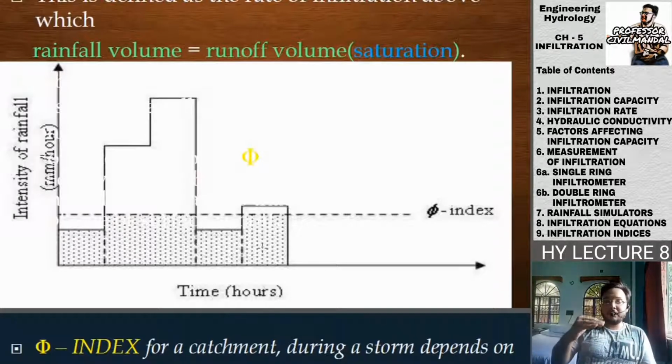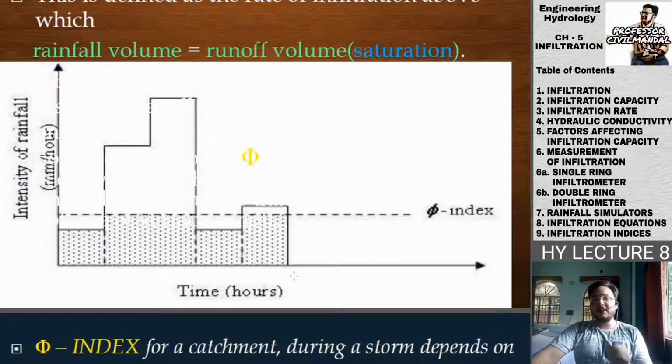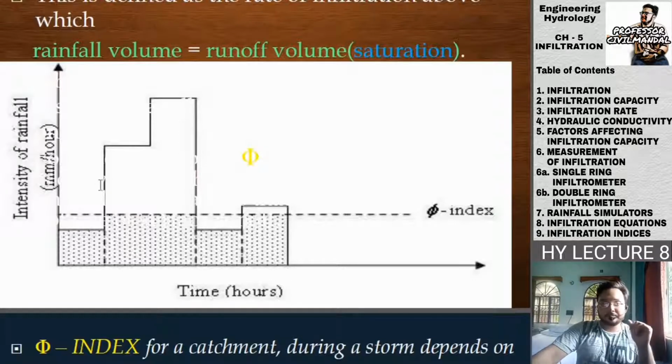Whatever part of this bar graph comes under this phi index, that much water will seep through our ground or soil.